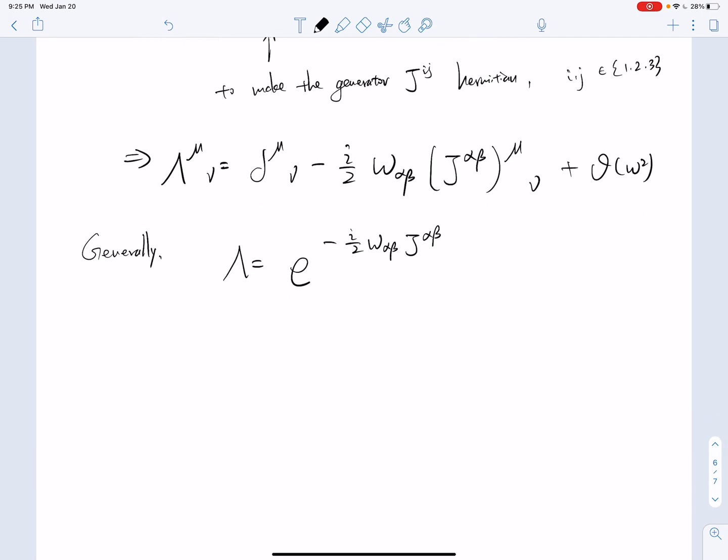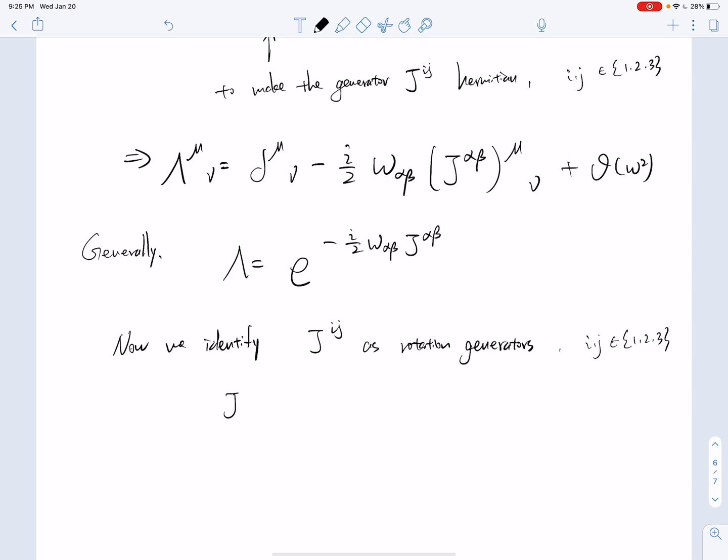Now, we classify our generators into two categories. We identify J ij as rotation generators, where of course i and j are our spatial coordinates. There are a total of three rotational generators.